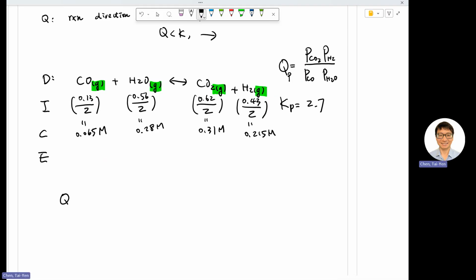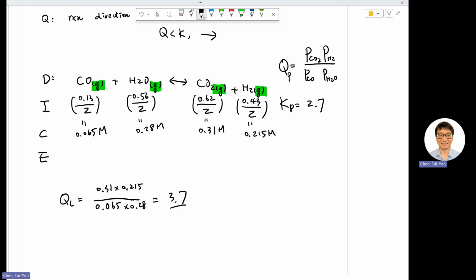So if you calculate your QC, it's going to equal 0.31 times 0.215 over 0.065 times 0.28. If you do that calculation, you'll get a value of 3.7. So that's the thing that you can calculate.